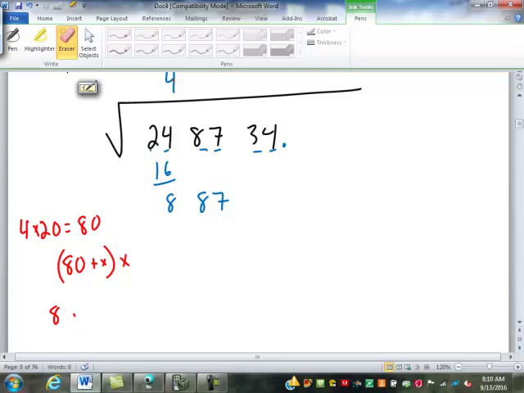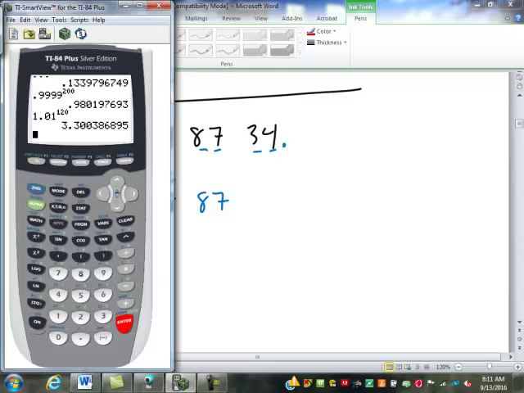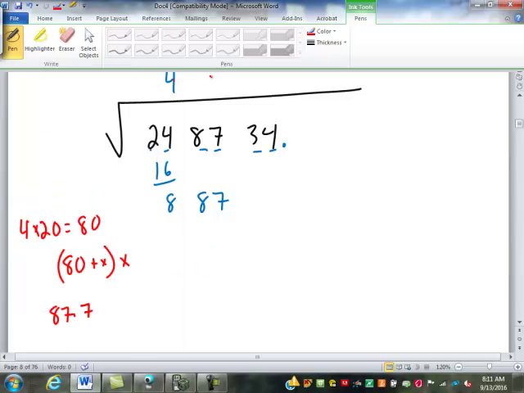Let's try like a 7. 87 times 7. That's too small. 88 times 8. That's too small. 89 times 9. That's actually going to work. 801. So I put 9 up here.